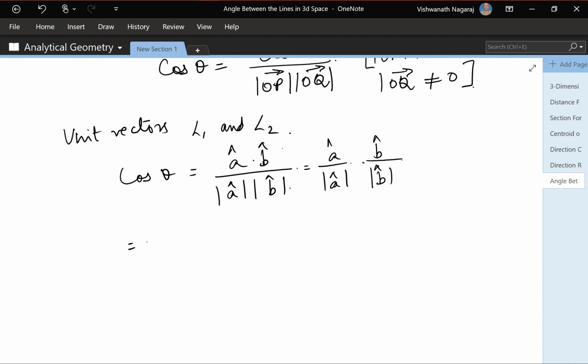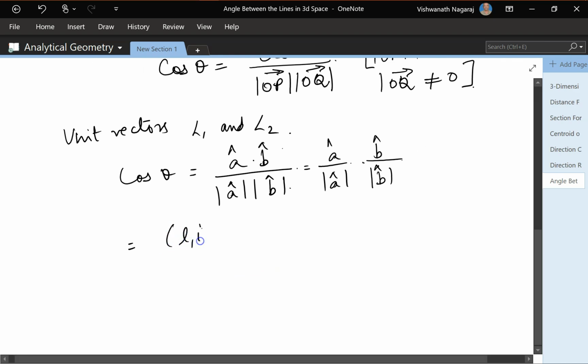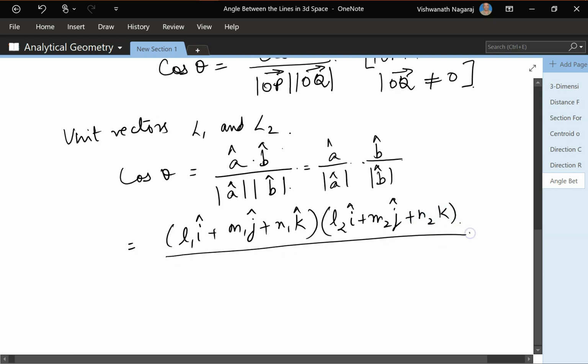A hat is l1 i plus m1 j plus n1 k, B hat is l2 i plus m2 j plus n2 k, divided by, remember, the magnitude of A, because it is a unit vector, will be 1. Similarly for B also it will be 1.